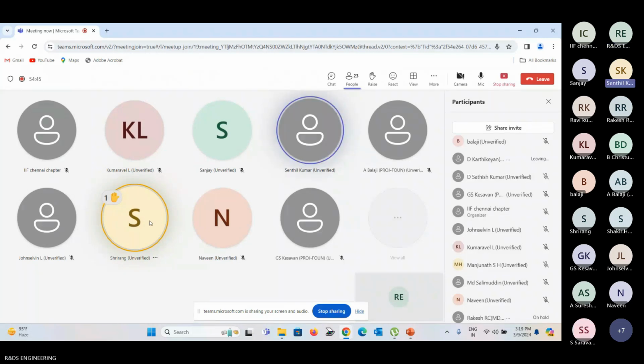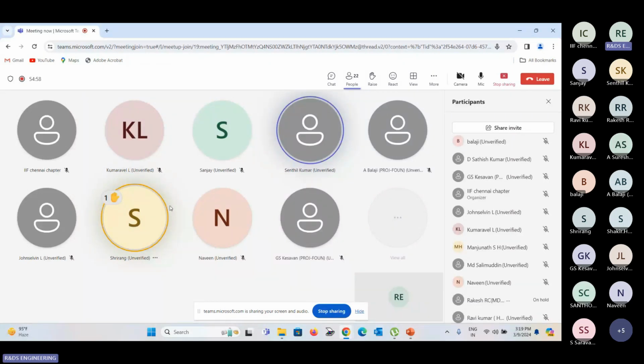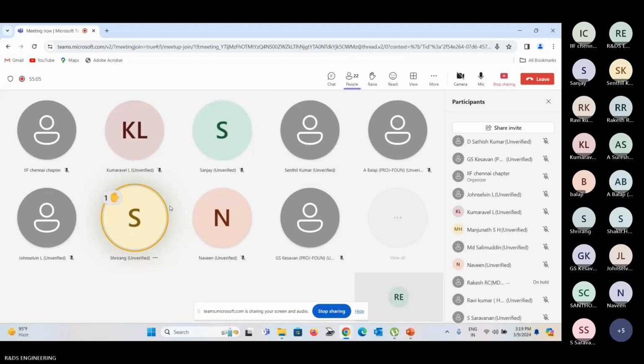I think by mistake you must have pressed the hand symbol. Oh, sorry. Are there any questions, gentlemen? I think there is one person who has raised his hand. Yes, sir. Mr. Shirang, do you have any questions for the speaker?